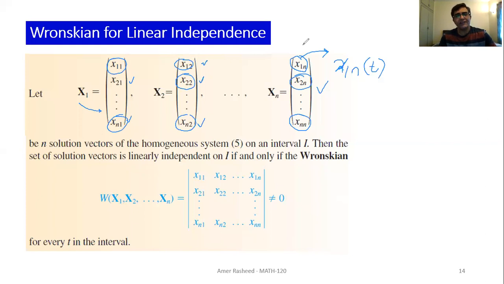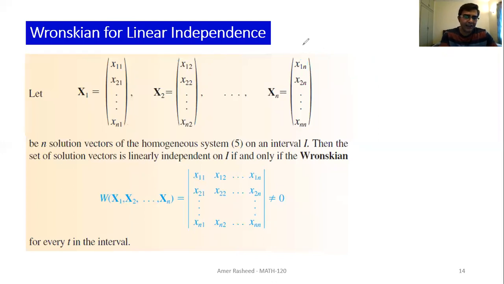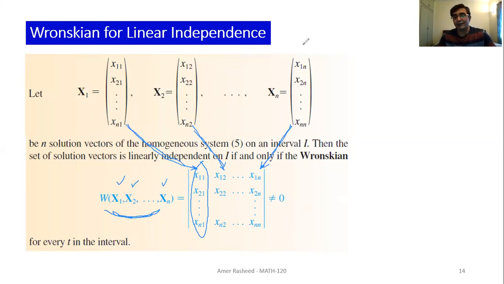How do we check whether these vectors are linearly independent or not? We calculate their Wronskian. How to calculate it? We put these column vectors here, here, and then here, as the columns of the Wronskian. This is the notation of the Wronskian of the vectors x1, x2, and so on, xn. The first column contains the first vector, the second column contains the second vector, the nth column contains the nth solution vector.